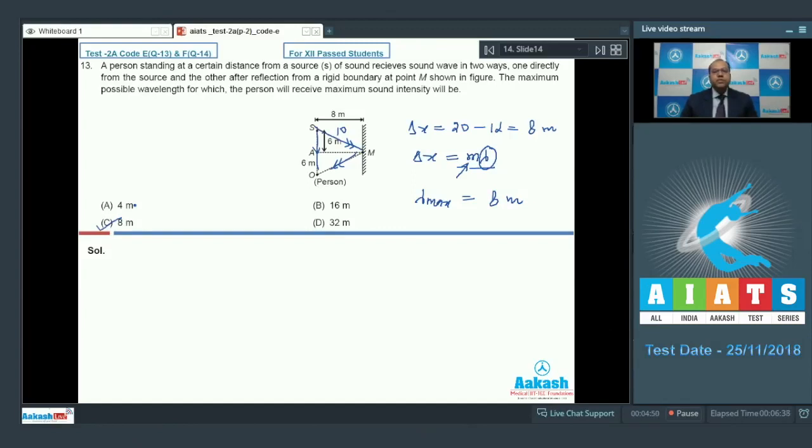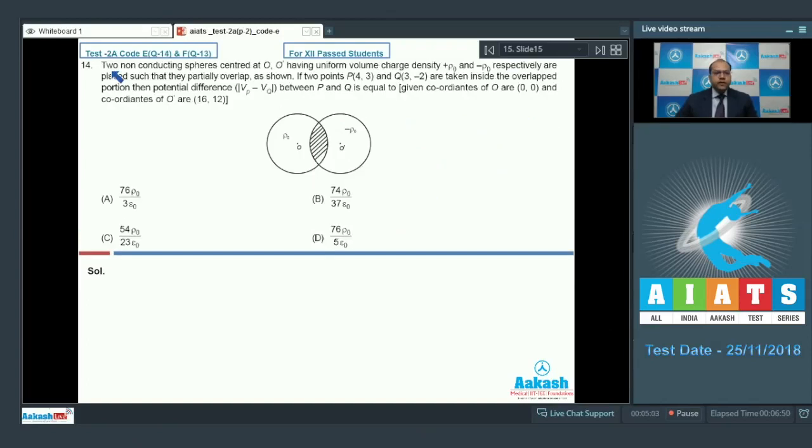Let's move to question number 14. Two non-conducting spheres centered at O and O' having uniform volume charge density plus rho naught and minus rho naught respectively are placed such that they partially overlap as shown.